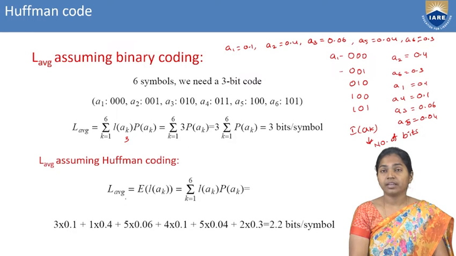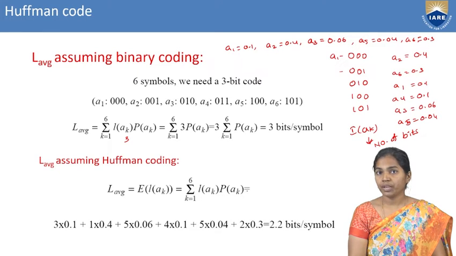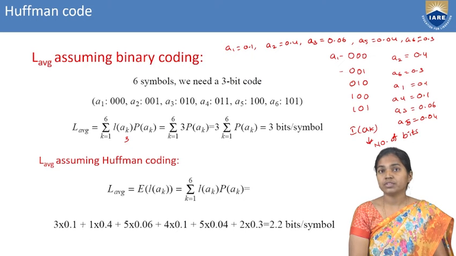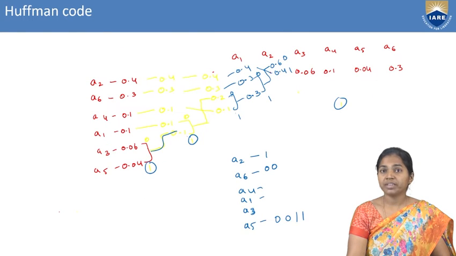In this case, L average: k equals 1 to 6, I of ak, p of ak. Here the representation of 3 into 0.1 and for the next 1 into 0.4. How many bits are required for A2? Here it is 1 only.